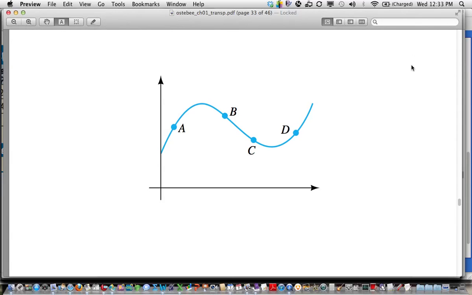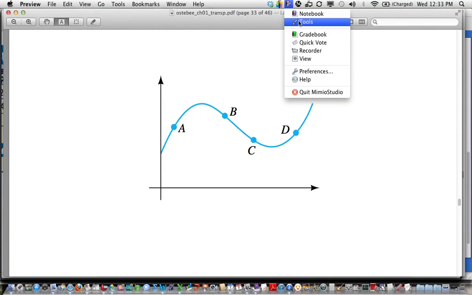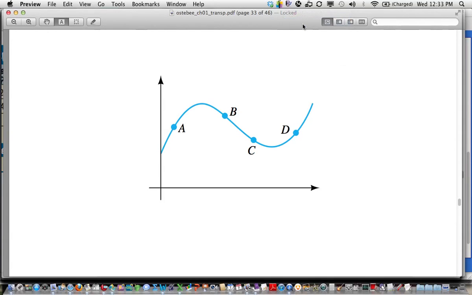So, why is f prime positive at A? It's still positive. Okay, but think about what you just said. The question was, where is f prime positive? And you said f prime is positive at A because f prime is positive at A. Well, technically you said the slope is positive, right?